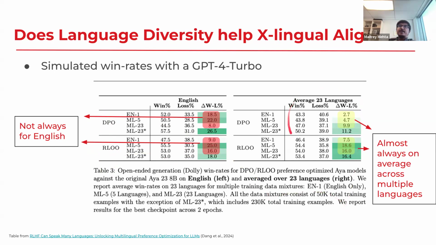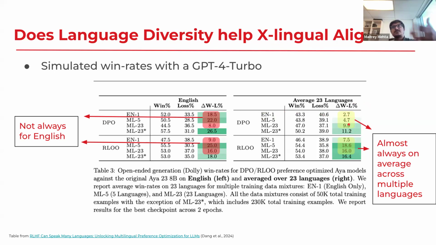And when you're evaluating for all the languages, for a multilingual model that is trained on 23 different languages, it almost always is better if your preference tuning mixture is more diverse. So your win rate is only 2.7% as compared to the unaligned model when you're only using the English preference data.